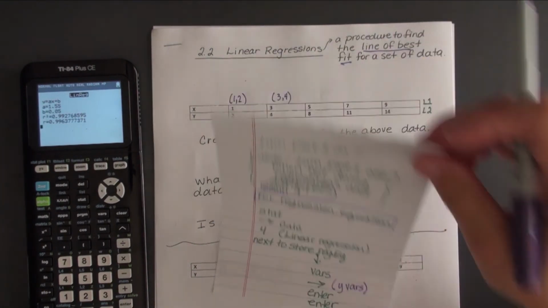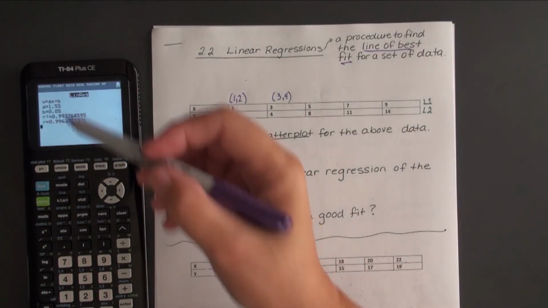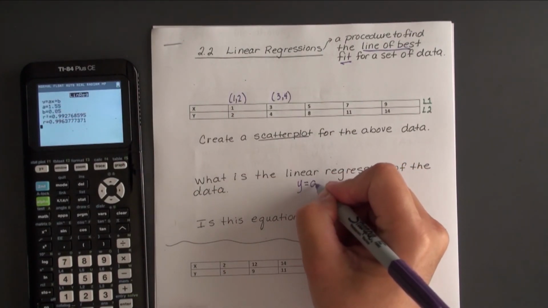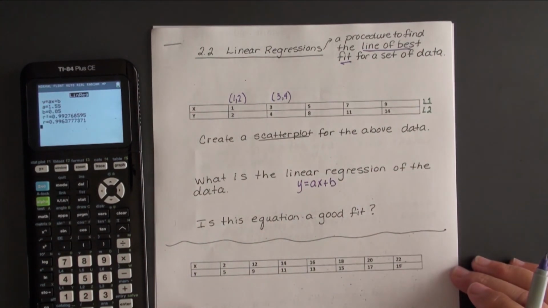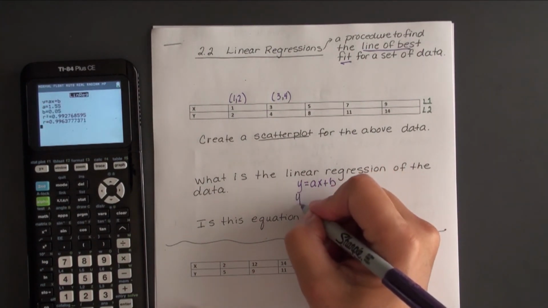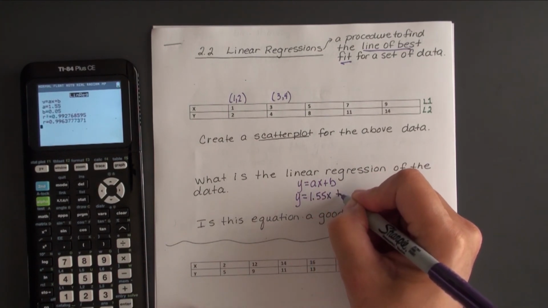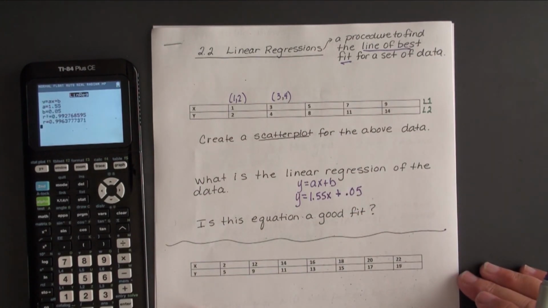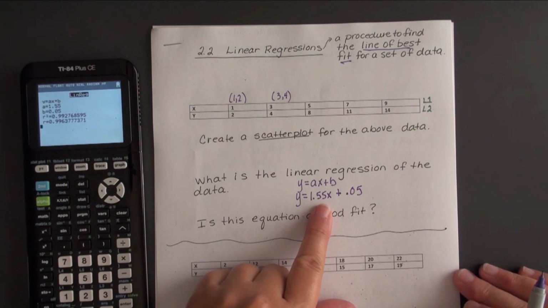So for this particular set of data, we have an equation in the form y equals ax plus b. Normally we think of it as m, but this time it's a, where our a is 1.55 and our b is 0.05. So that is the linear regression of the data.